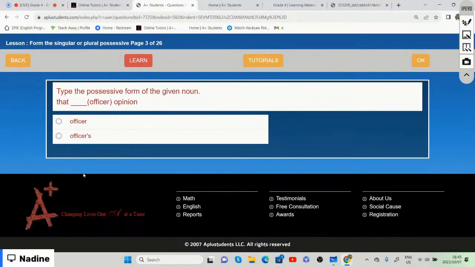All right, so if we choose the correct one, we will say that officer's opinion, and we add the apostrophe as well as the S.